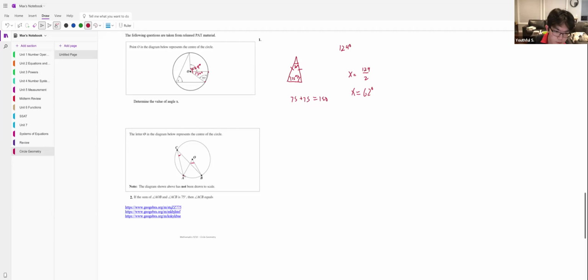All right, so they're both subtended by the same arc. And since this is the center of the circle, that means that this angle here is twice the length of, not twice the length, twice the measure of this angle here.